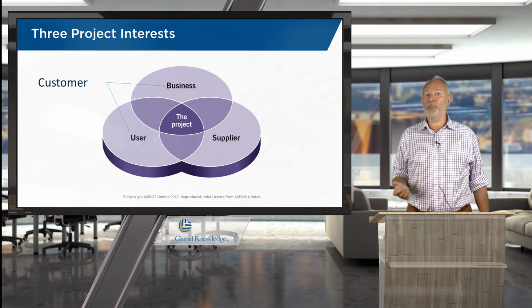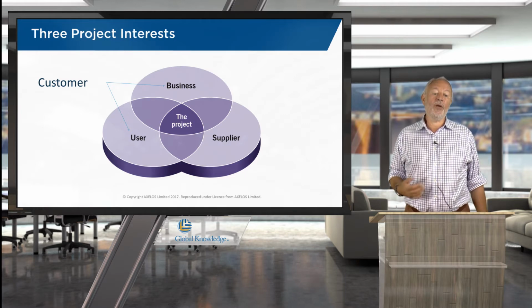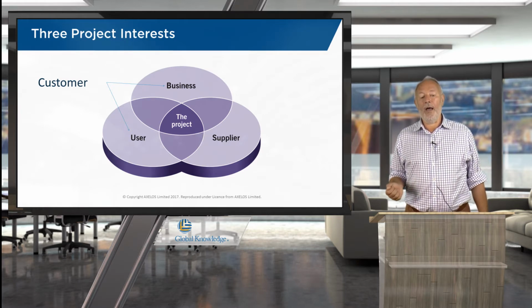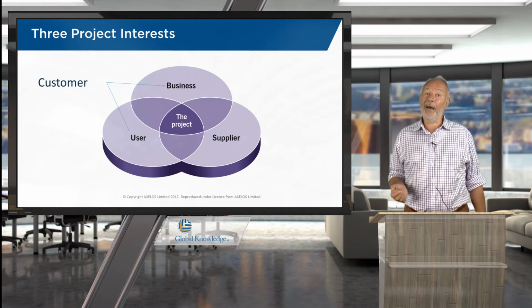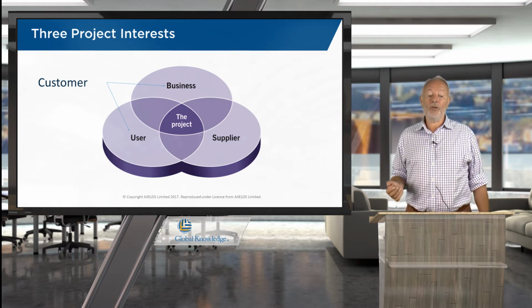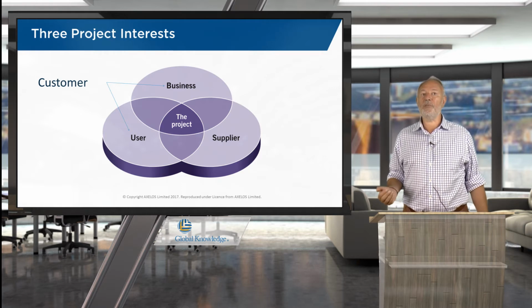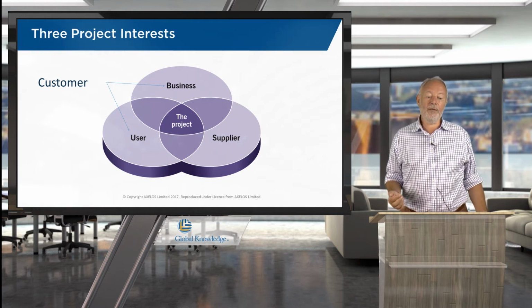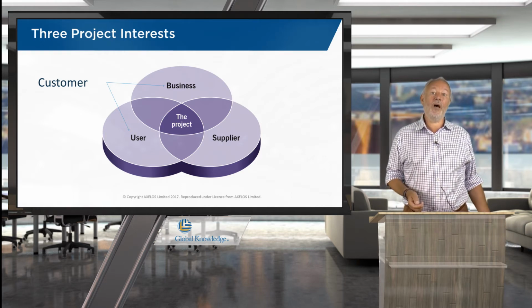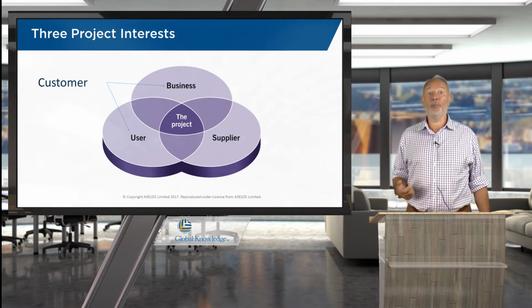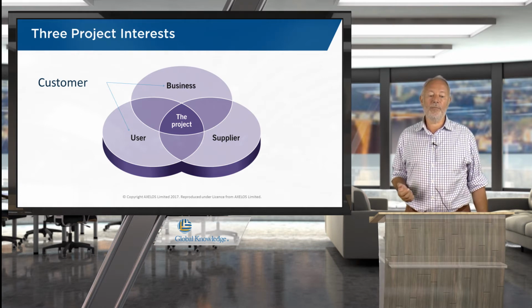Now, in a PRINCE2 project, we tend to look at things from a customer-supplier arrangement. So there's somebody who wants something, in this case the project's product, is willing to pay for it, and there is then on the other side a supplier to provide the products.